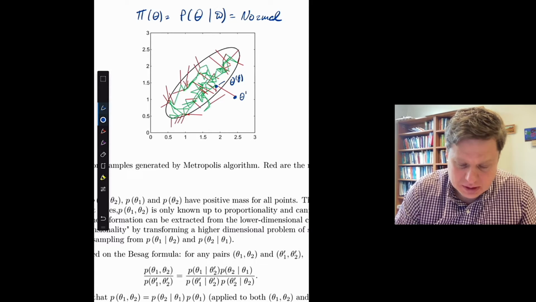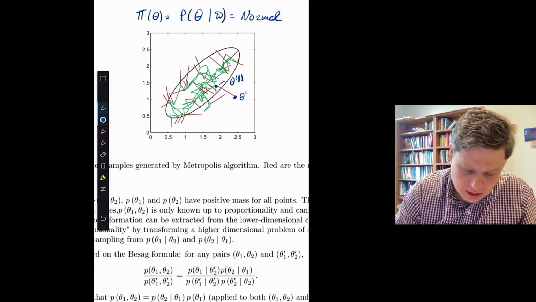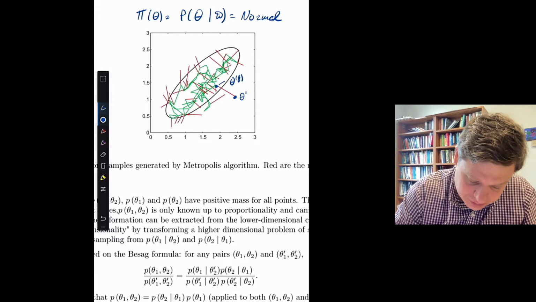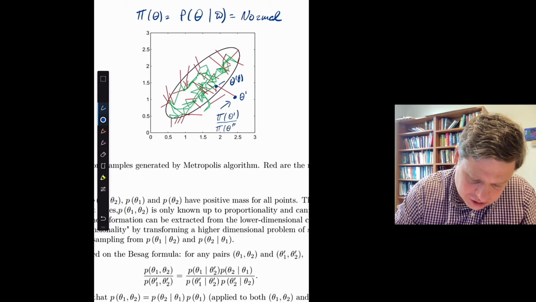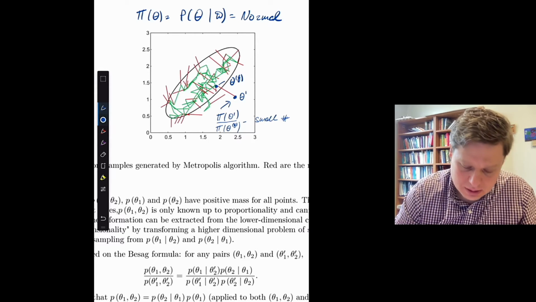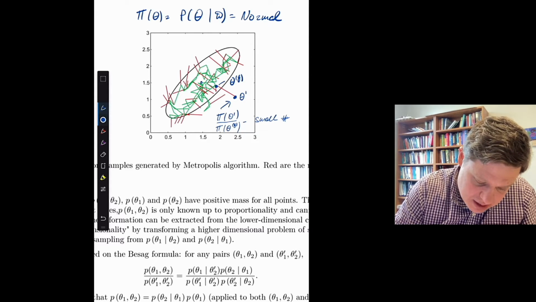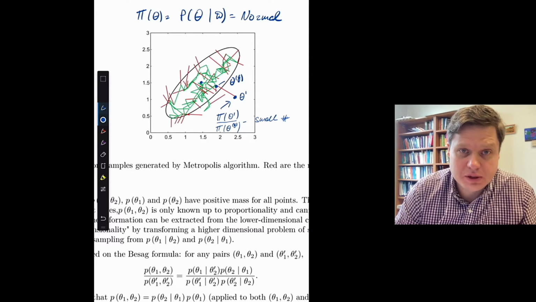And what happens under this posterior model, if you calculate the ratio of pi of theta prime to pi of theta g, in this specific case, is a small number. Why is it a small number? Well, let's say that's the mean of the distribution that we're trying to study.